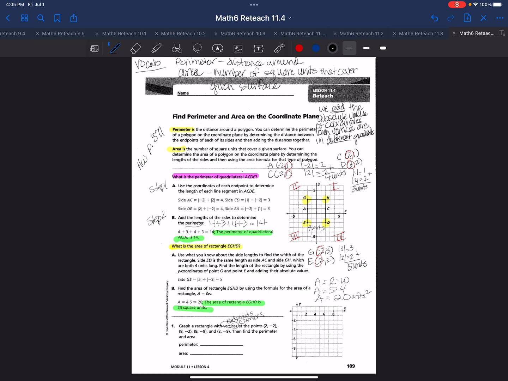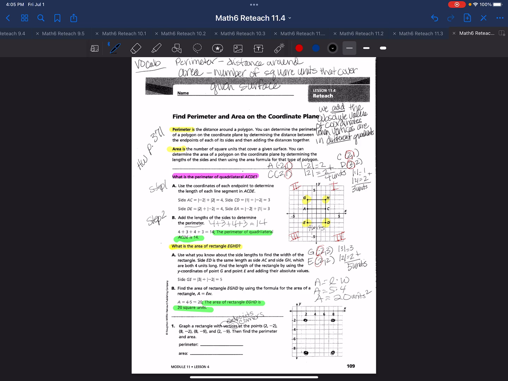At the points 2, -2. So we have 2, -2. And then we have 8, -2. And then 8, -9. And 2, -9. Okay, those are the endpoints.